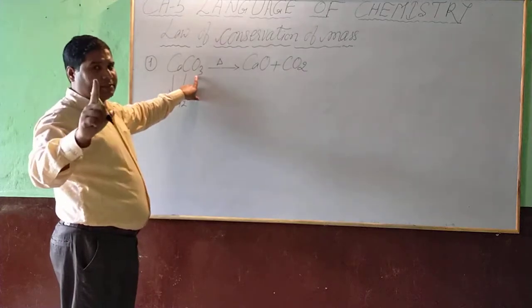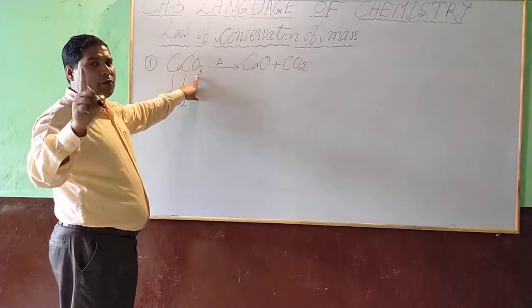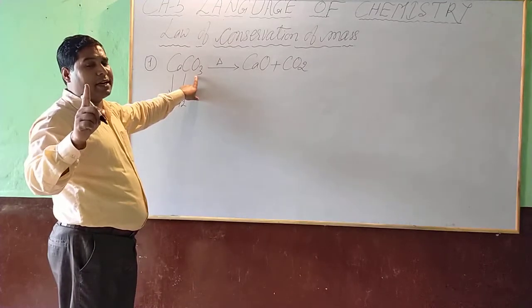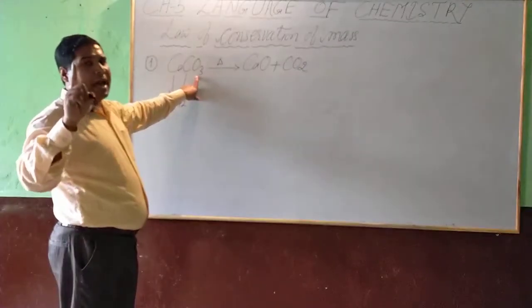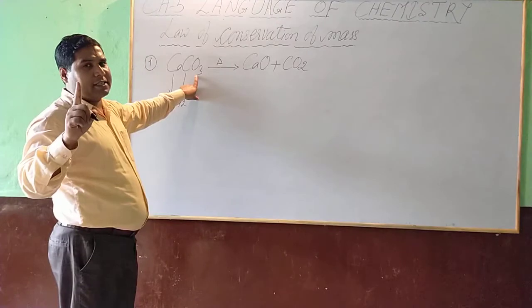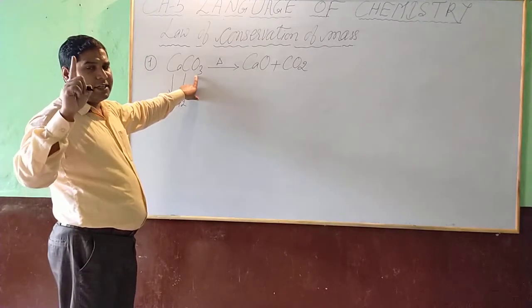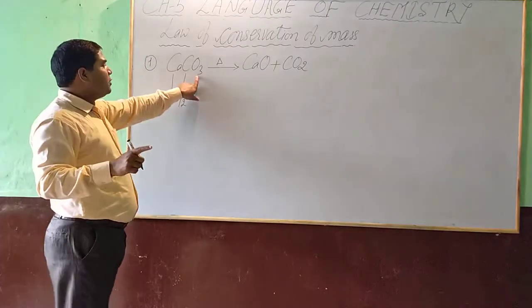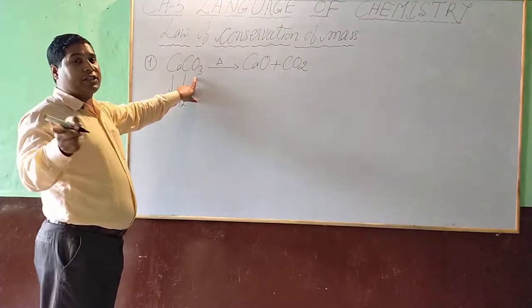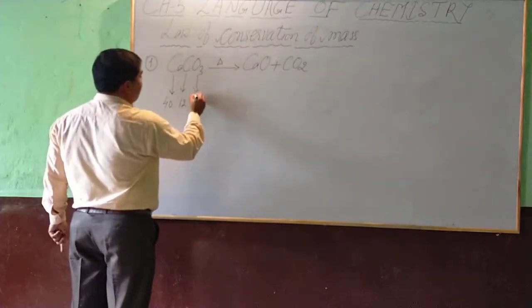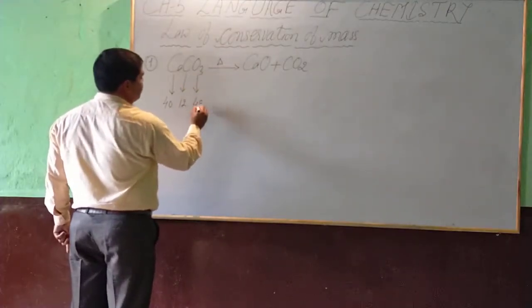Oxygen atomic number is 8, whereas the atomic mass of one oxygen atom is 16. But here the oxygen atoms are 3, so 16 into 3, 48.